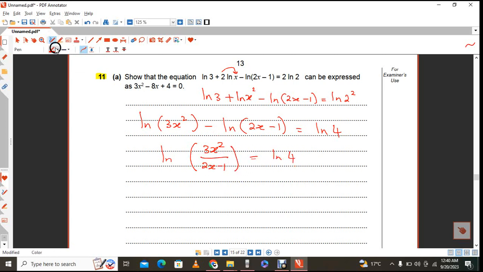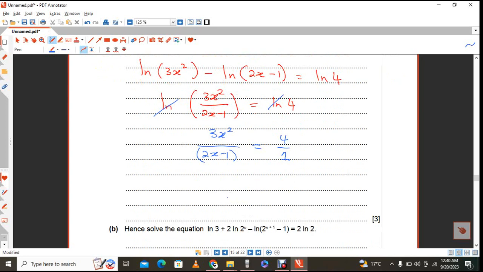Which you can actually now drop the logs, and you will be dealing with 3x squared over 2x minus 1, put it in brackets, is equal to 4 upon 1. Cross multiply in order to clear the denominator, to clear the fraction. That is going to give you 3x squared equals 4 in brackets 2x minus 1.